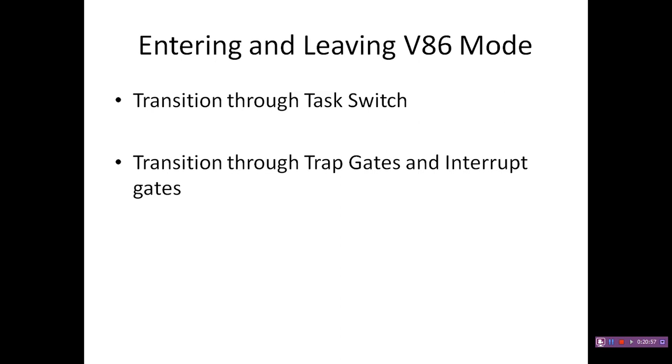Interrupt handlers that need to know whether the interrupt occurred in V86 mode can examine the VM bit that is stored in the flag register. An interrupt handler passes control to the V86 monitor if the VM bit is set in the flag register that is stored onto the stack, and the interrupt or exception is one that the monitor needs to handle.